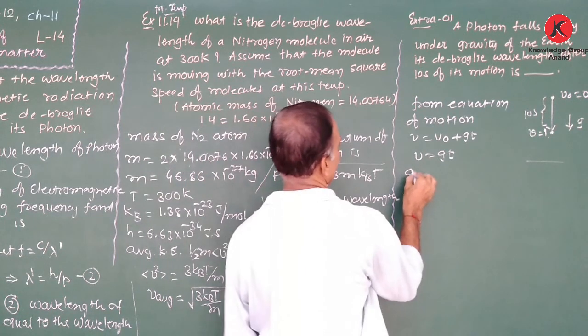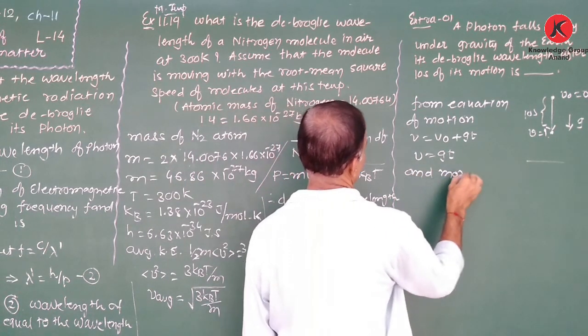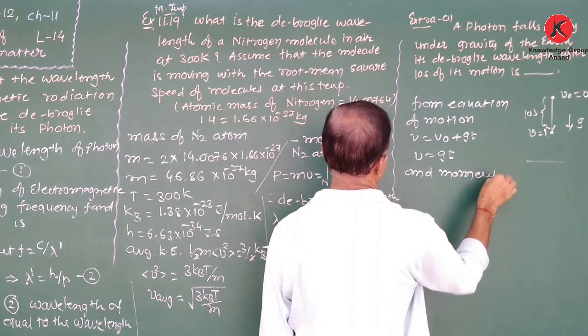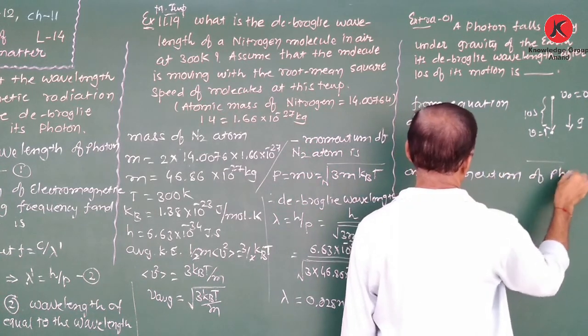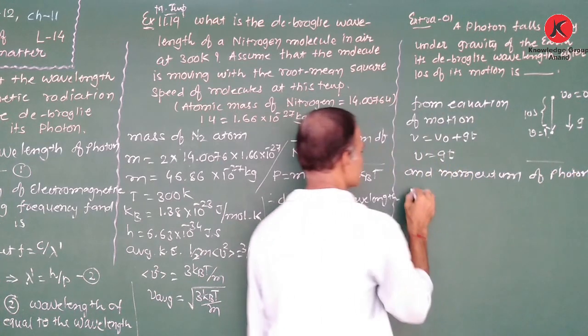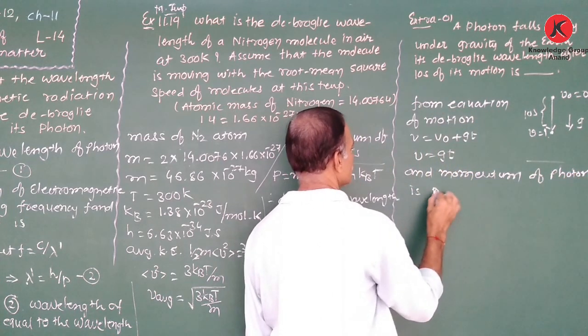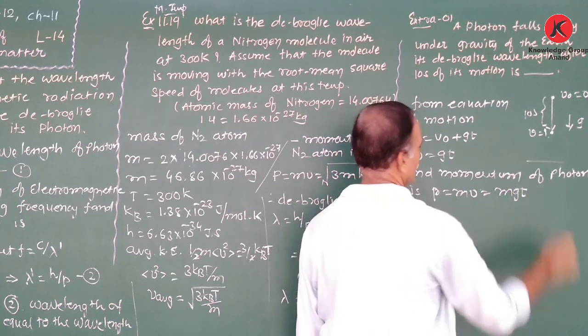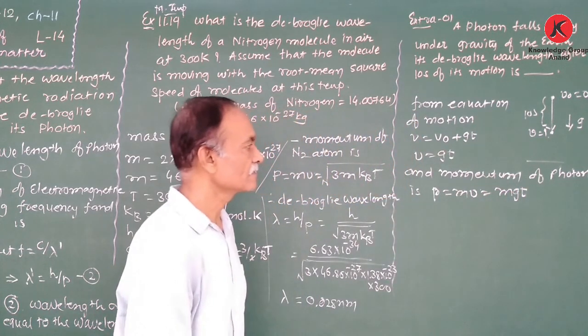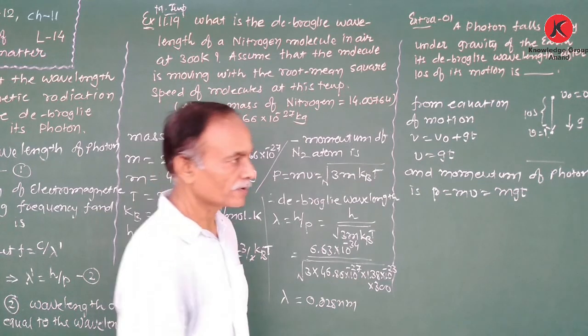And the momentum of the proton is p equal to mv, which is equal to mp g t. Here m is the mass of the proton.